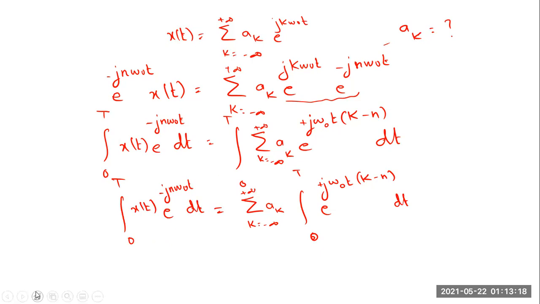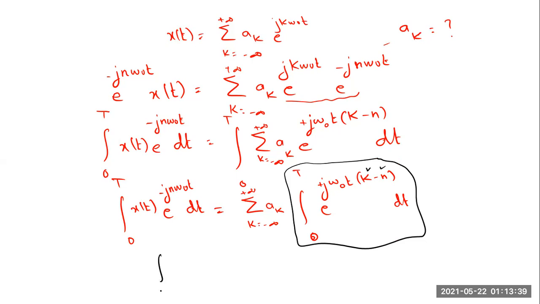Now all we need to do is find out what the answer of this integration is. There are two possibilities. One is, what is the relationship of k and n? If k is equal to n or if k is not equal to n, these are the two possibilities. So let's find out this integral.